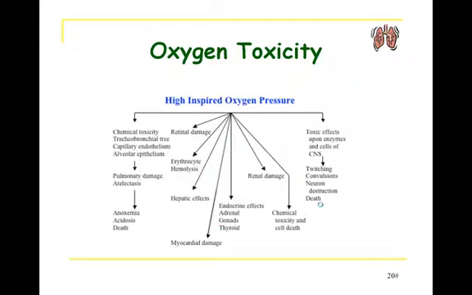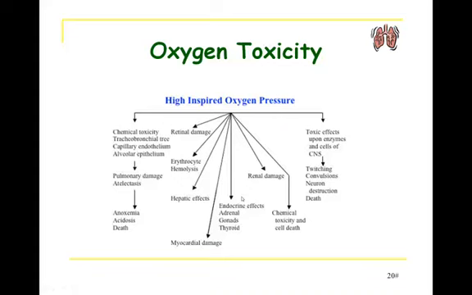Now the effects of high partial pressures of oxygen: you can get oxygen toxicity. The high levels of oxygen will increase the amount of oxygen dissolved. What can happen is the high levels of oxygen can cause oxygen toxicity.